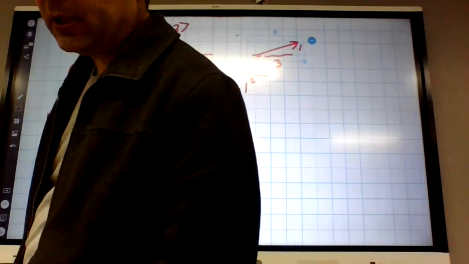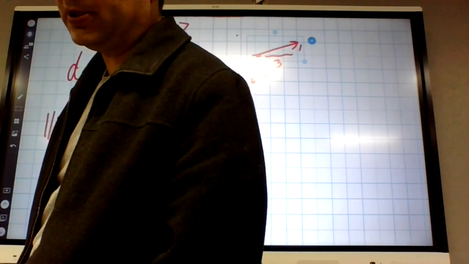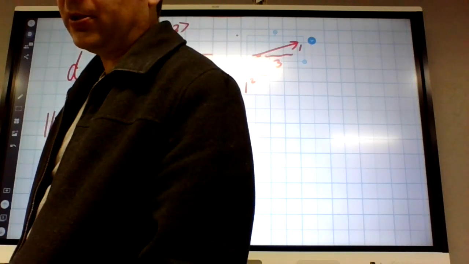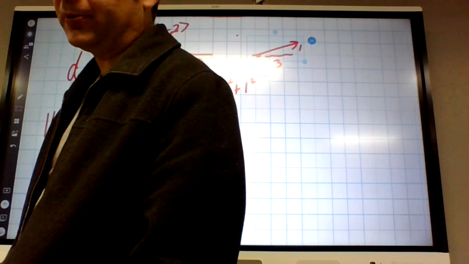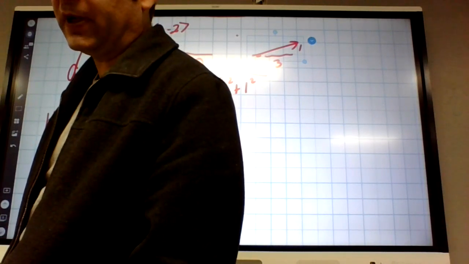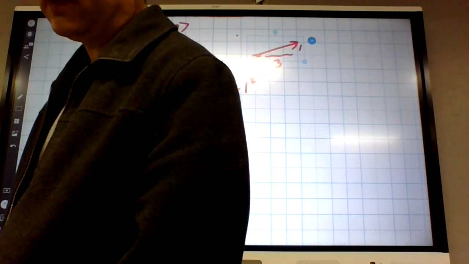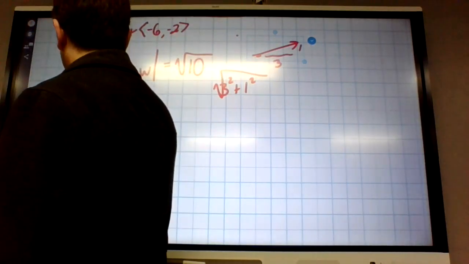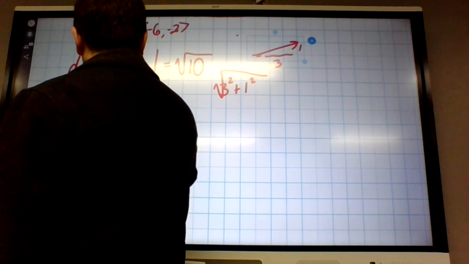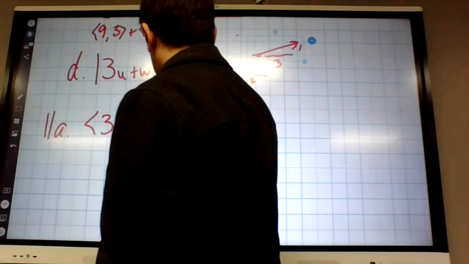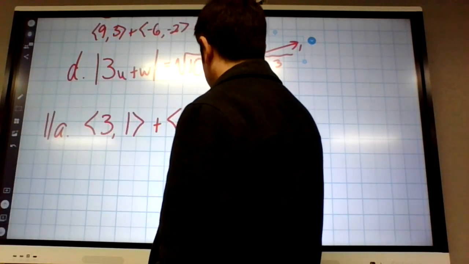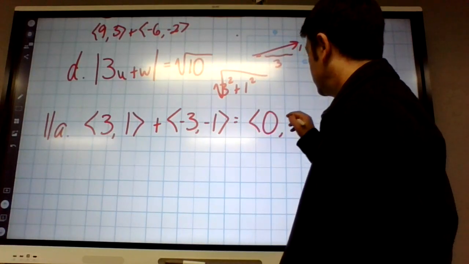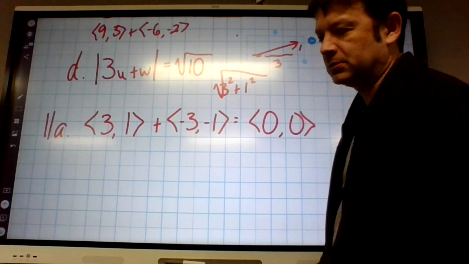Okay, 11A. Same thing. These are kind of easy peasy if I do say so myself. So the 1/2 W, if we multiply the W vector by half, is -3, -1. So U is 3, 1 plus -3, -1 would equal 0, 0.